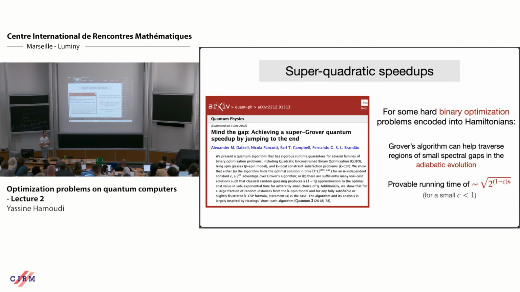Okay, so it's a very nice combination between Grover algorithm and adiabatic evolution. And by doing that, you can even achieve a running time which is strictly less than 2 to the n by 2. Okay, so Grover can really give you a provable way of achieving this kind of complexity when it comes to binary optimization.